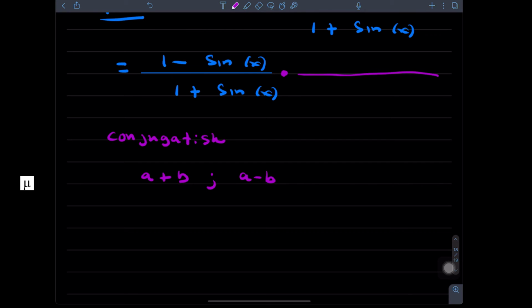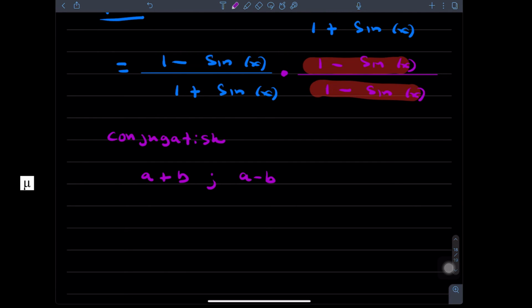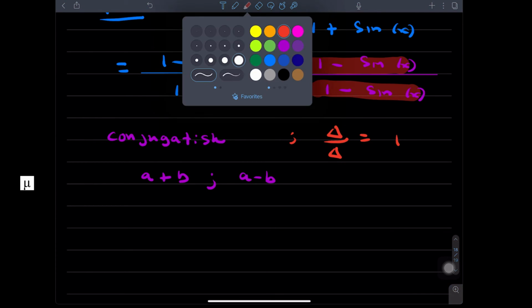Now, not all questions involve this, but I'm going to write down 1 minus sine. And this has to be a 1 minus sine because remember, anything divided by itself right in here is 1. So you're really taking advantage of the idea anything divided by itself is 1. Okay?